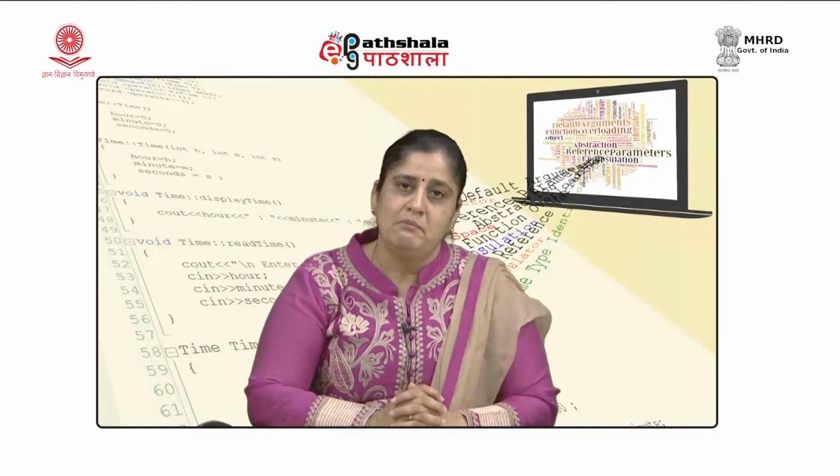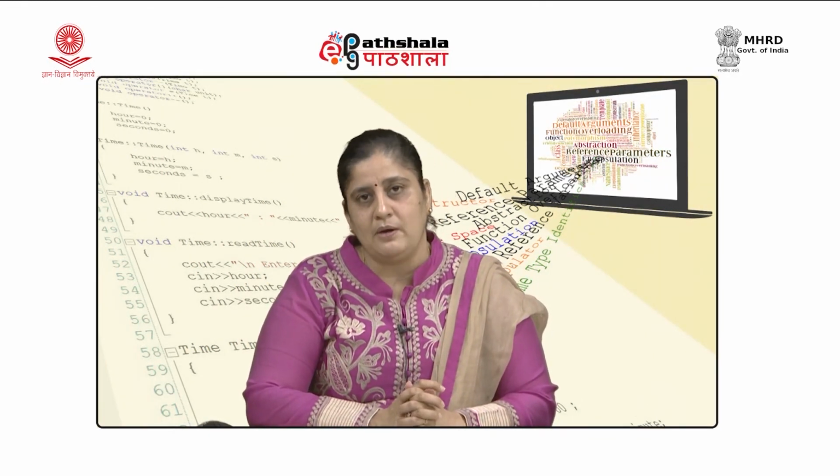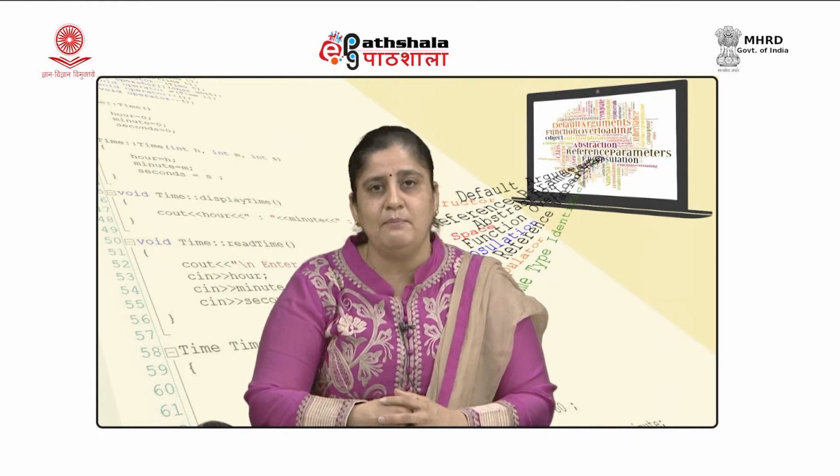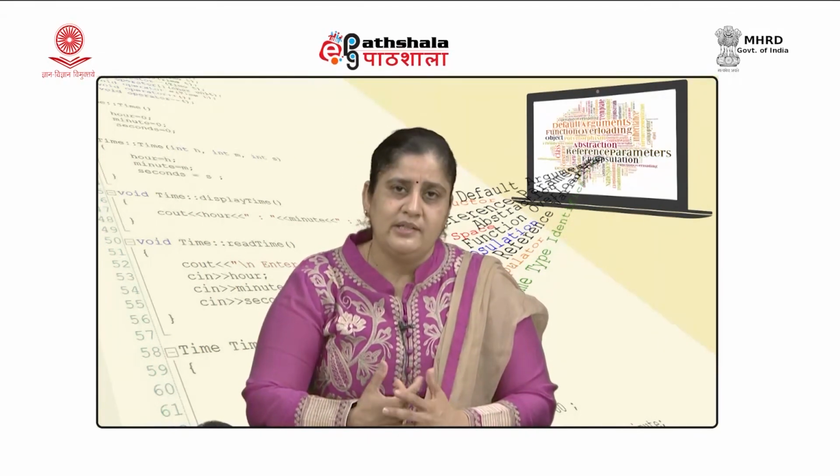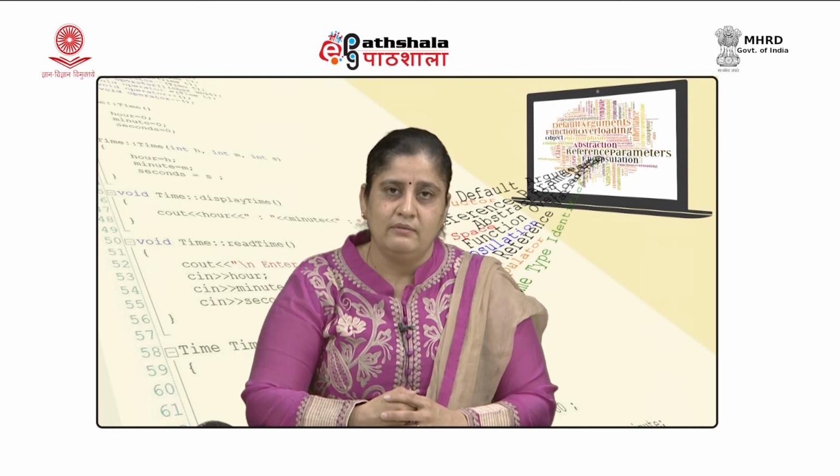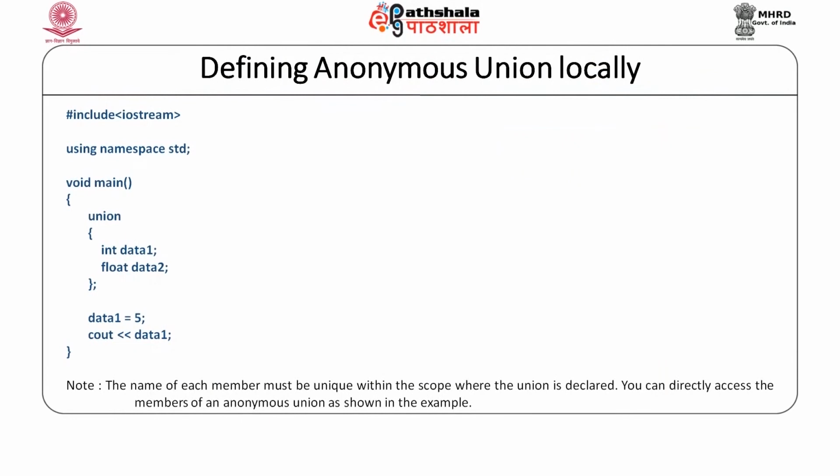Let us see how to define an anonymous union locally and how to define it globally. In this example we are defining this union inside the main function. Therefore, it is a local definition or declaration.